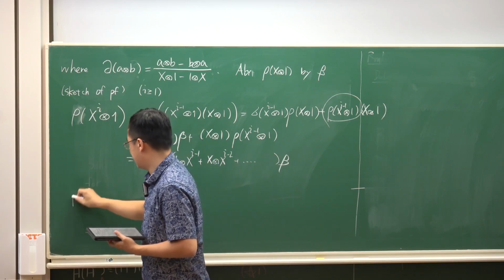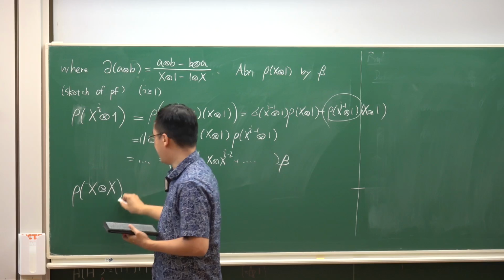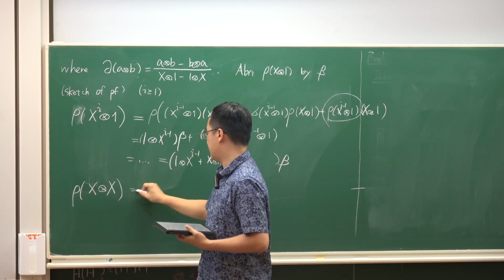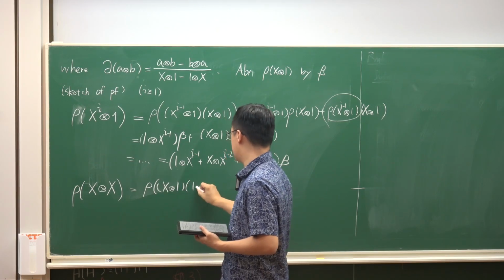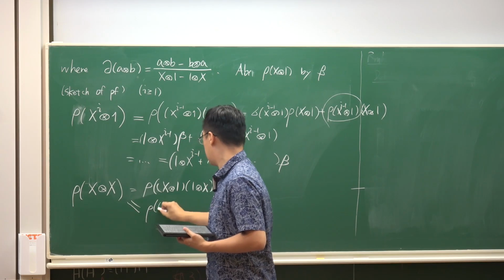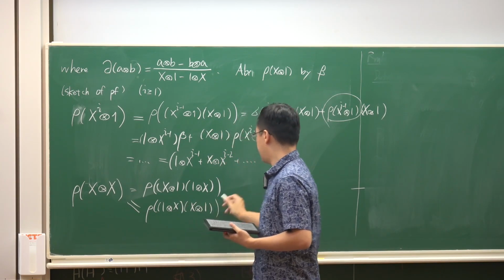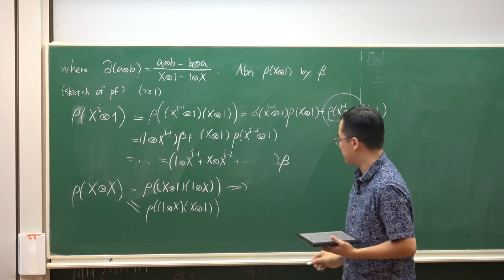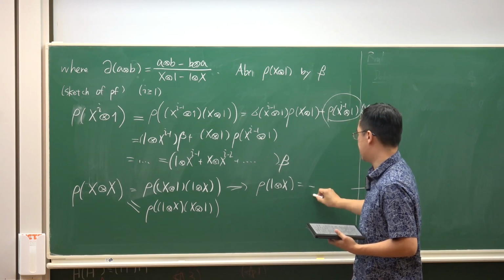By the way, at some point, you need to consider evaluating this both ways. And by matching the two, that tells you rho 1 tensor x will be negative beta.